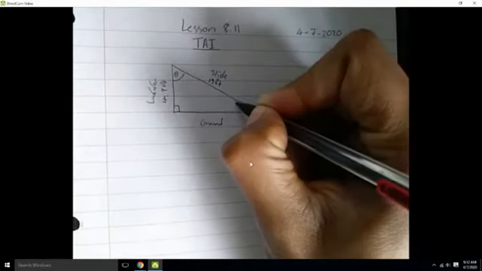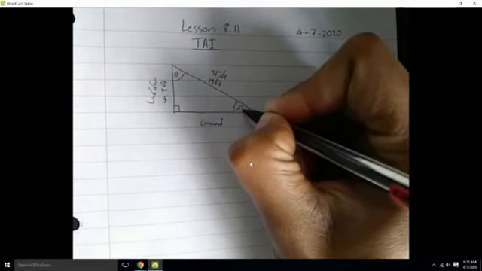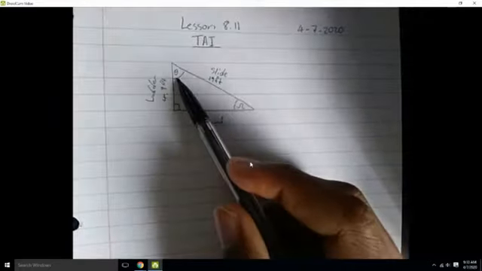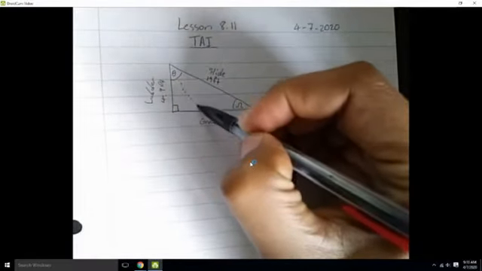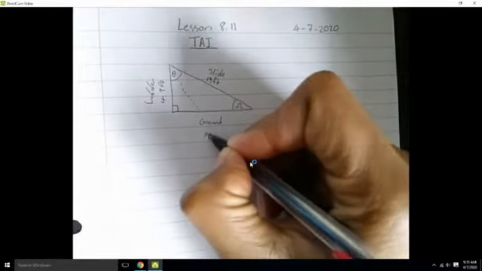Now we're supposed to find the two angles. Let's use symbols to represent them. For angle theta, over on this side should be our opposite.